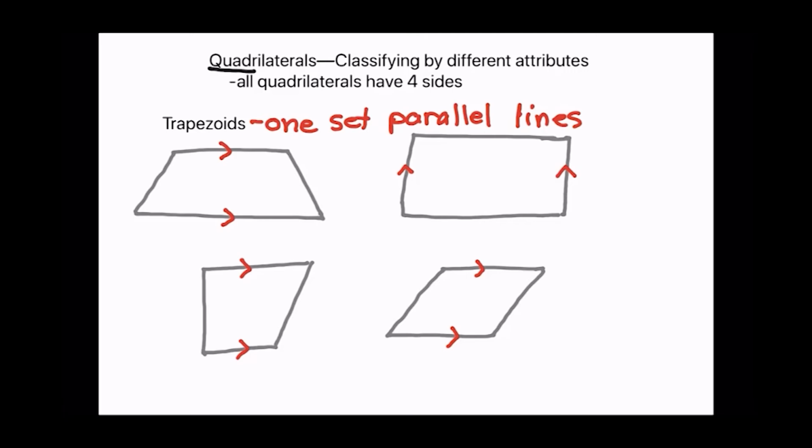Okay, let's go to the next quadrilateral, and let's talk about how it's a little bit different. This one's called a parallelogram. So a parallelogram, let me draw you a few examples of those. So again, this one that looks like a rectangle.